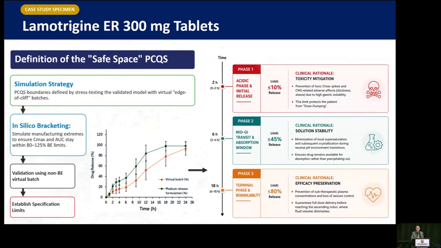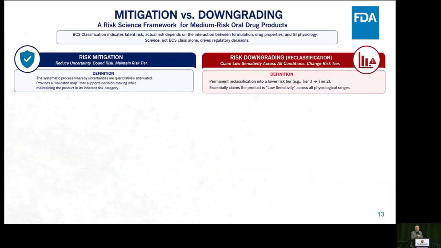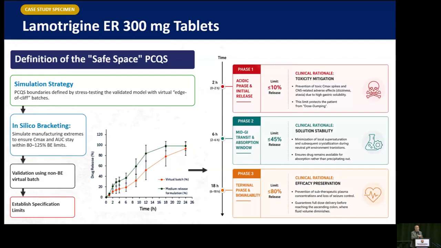And we have used a non-conforming or virtual batch that is not bioequivalent to the medium formulation that we developed. Based on our simulation, we found that the medium batch was non-equivalent. These simulated batches show that our safe space can be validated.